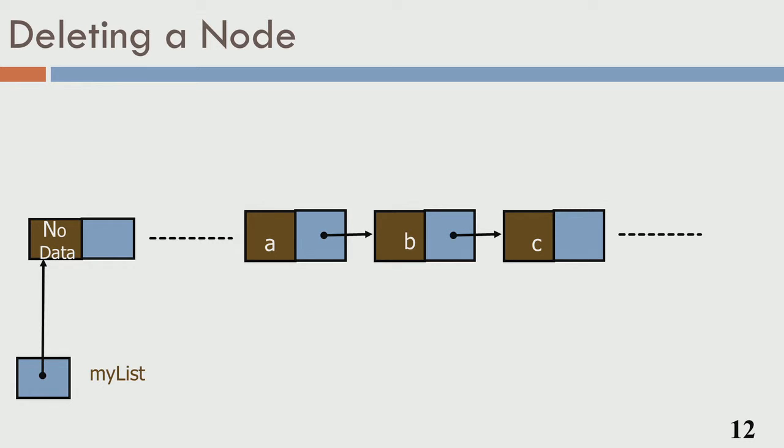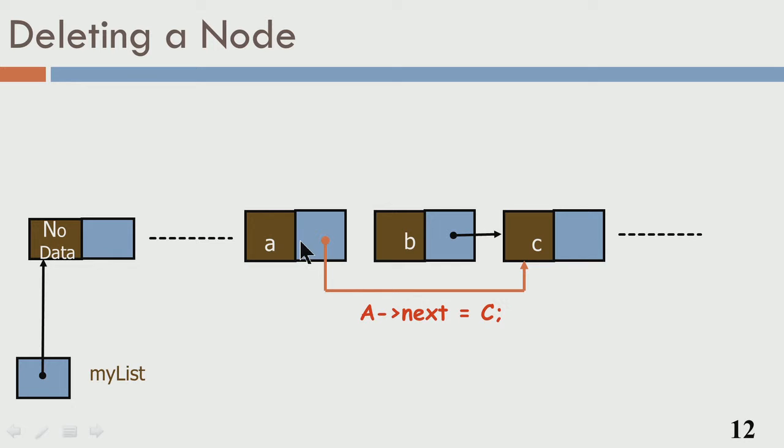Now let us look at how to delete a node. So I have this list somewhere, A, B, C is in the middle of my linked list, and the header node is here, there are maybe other nodes here and other nodes here, and I want to delete the node containing B, let us say. So one way to do that is as follows. We know that we have to find out where B is pointed to from.